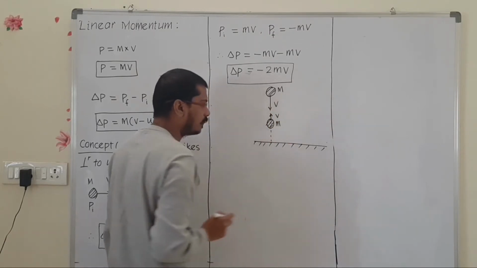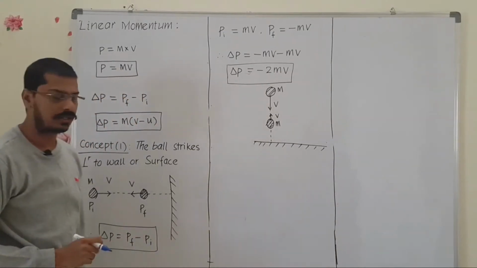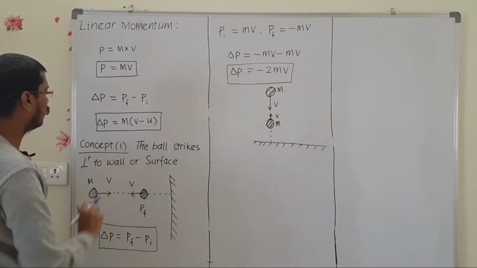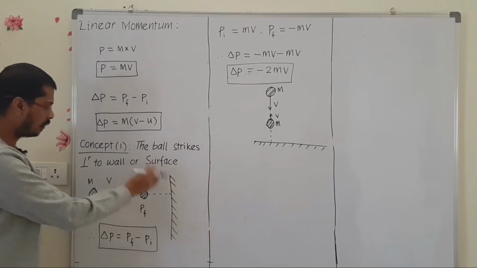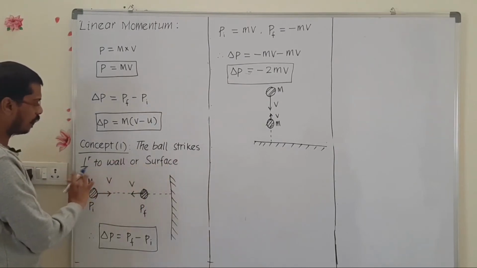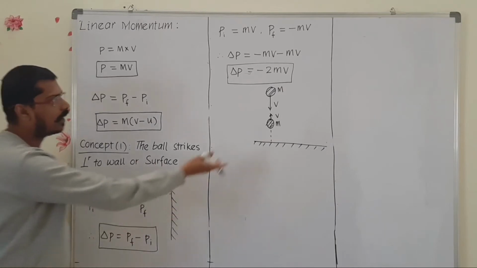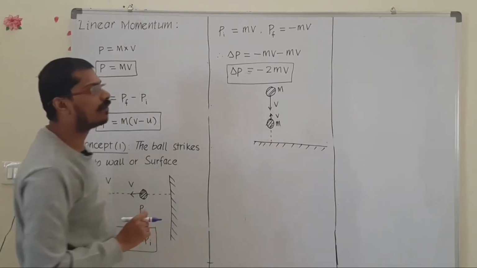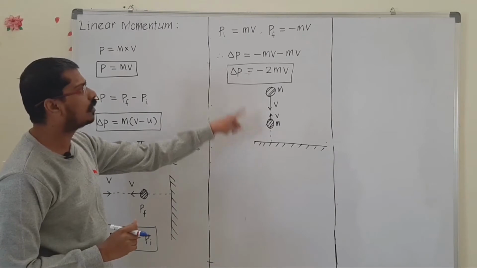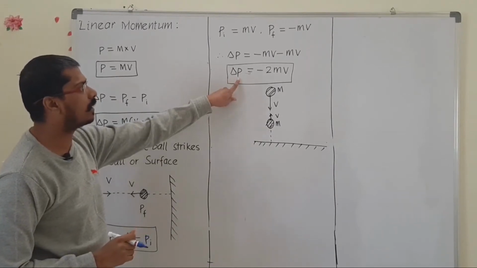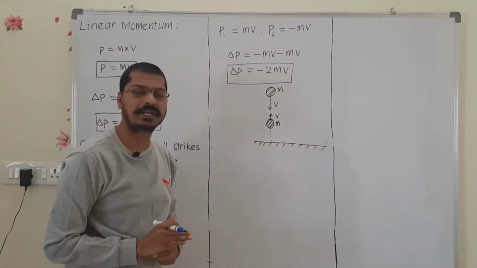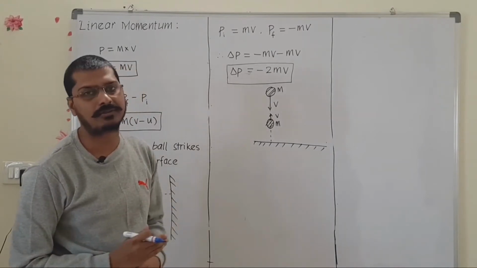Like that also we can show it. If the concept is that the ball strikes perpendicular to the wall or surface, either like that or like that, then to find the change in momentum we can directly write minus 2 into mass into its velocity.